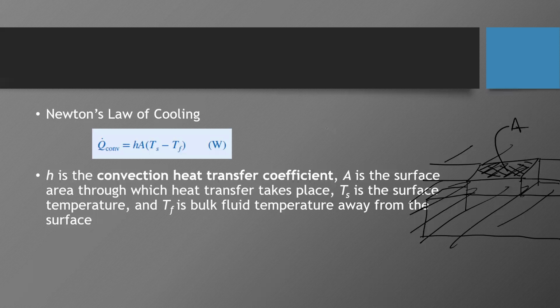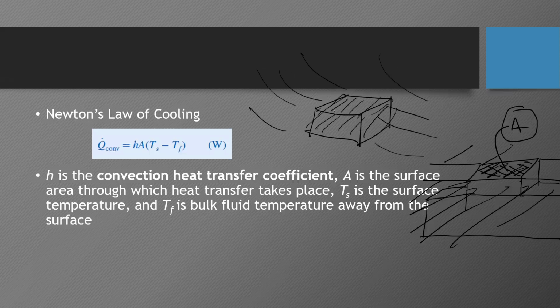Okay, if you put the block like this, and you put the airflow like this, what is the heat transfer area? All the surface area around the box that is exposed to heat transfer, right?